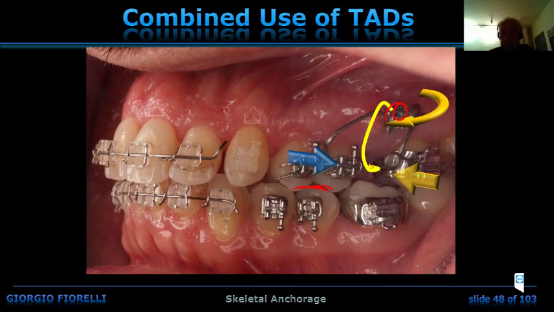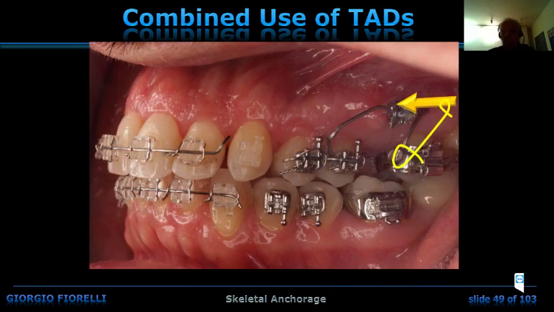This is the moment that we are creating to the TAD, but you see it's parallel to the long axis of the TAD, so no danger. And then I'm using the same TAD with this cantilever, which is activated like that, and this is used to move the molar to the mesial. Of course, this is not enough.